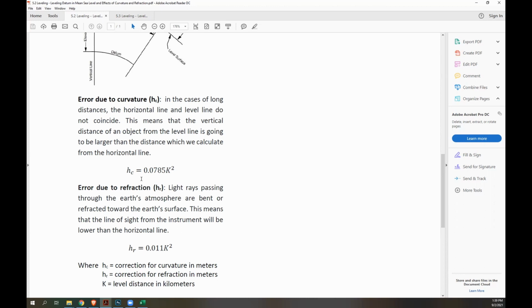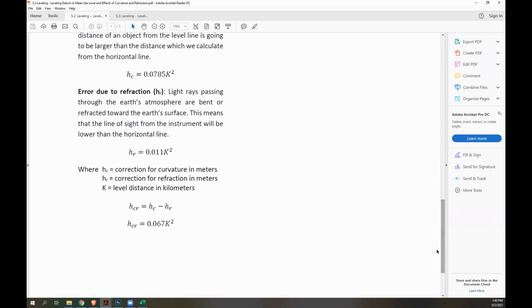Please take note of these units. These are the units that we should use when using this equation. Therefore, the total correction, H sub CR, equals H sub C minus H sub R. This is the only equation that you need to remember: 0.067 k squared. That's the total correction due to curvature and refraction.